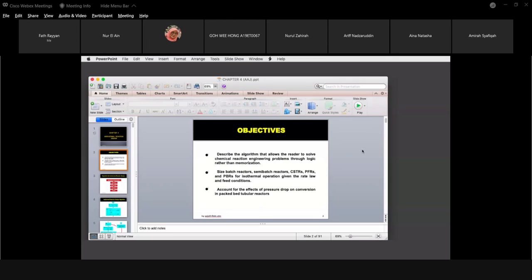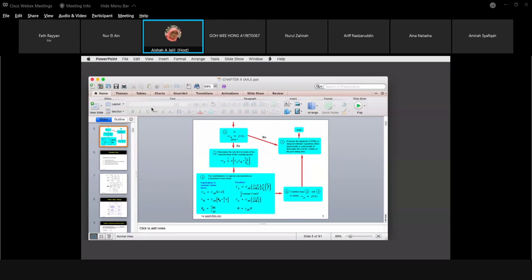Doctor, I want to ask about the porosity, will it be given or do we need to calculate it? Oh, the porosity, where is the porosity? The Ergun equation. Usually they will not ask you about that one.